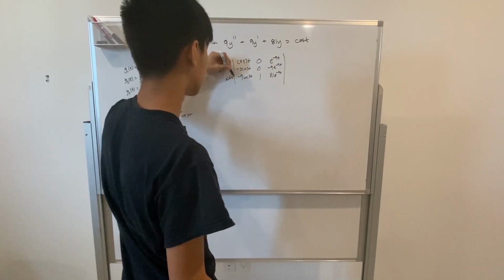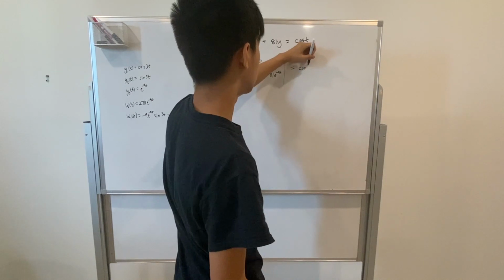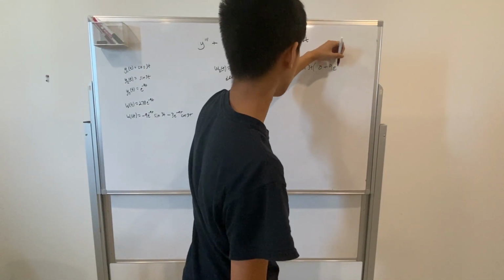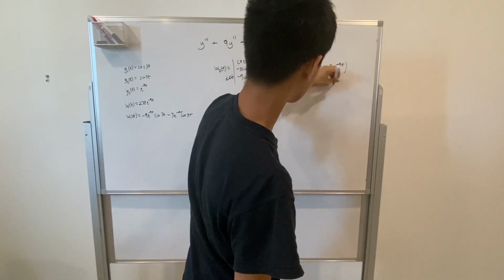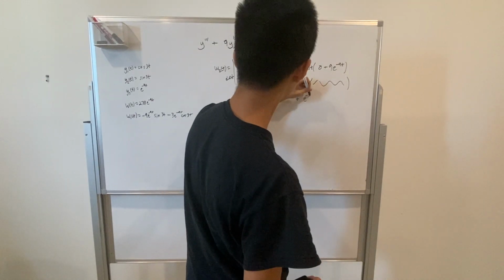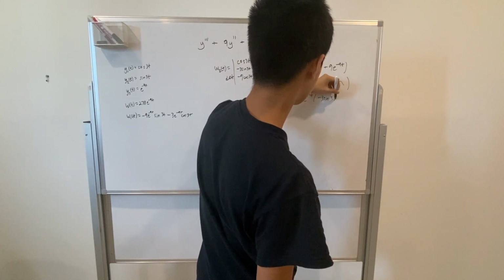Remember to take the determinant, so that's cosine of 3t times 0 plus 9 e to the negative 9t, minus 0 times, doesn't really matter because 0, plus e to the negative 9t of negative 3 sine 3t.